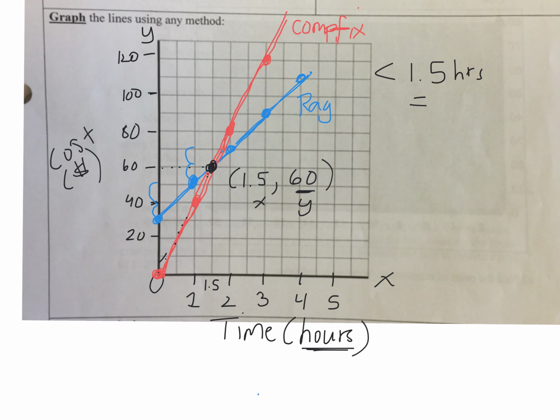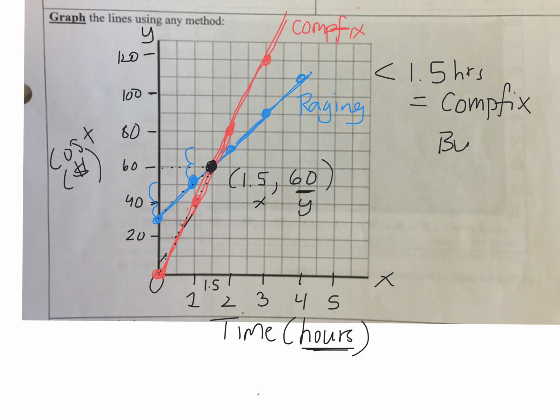So for less than 1.5 hours, which line is lower on the graph? Which company's cheaper? Comfix, yes. Does everyone see that? The pink line is lower than the blue line if I go below an hour and a half. So, your conclusion, we would say, if you are using less than 1.5 hours of service, it would be smarter to go with Comfix. It's cheaper, right?